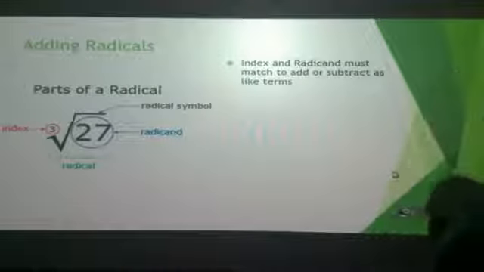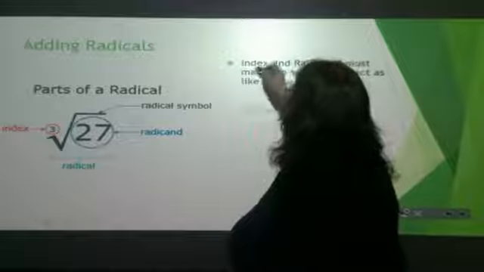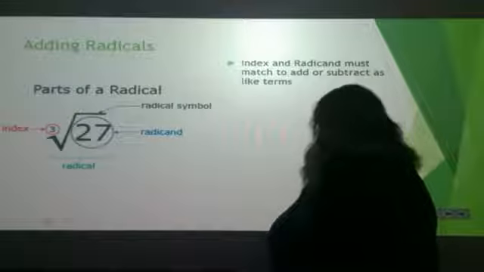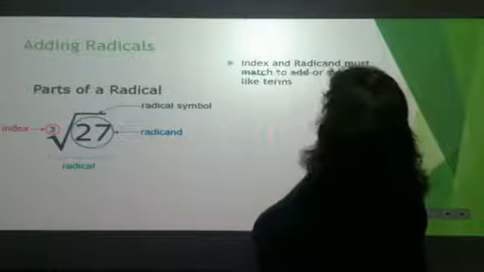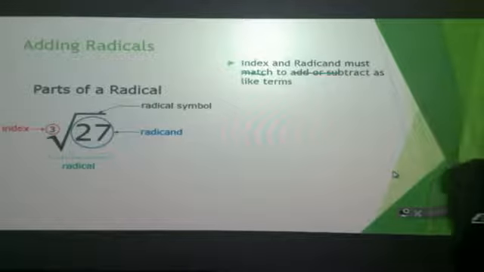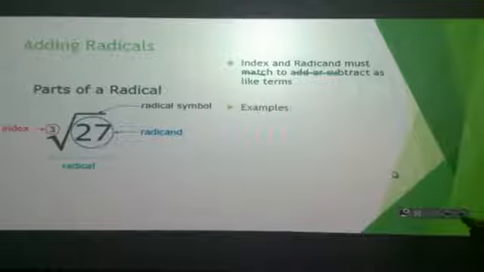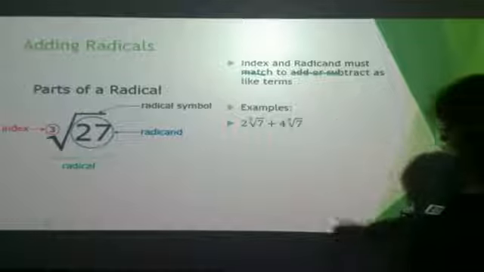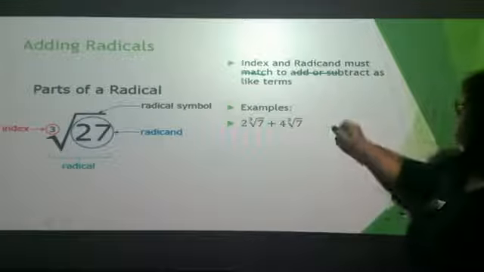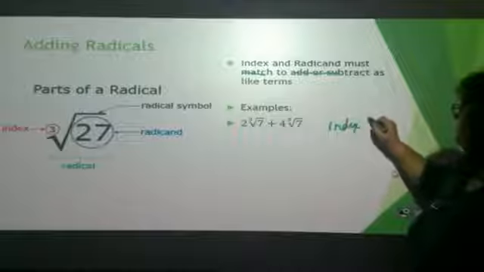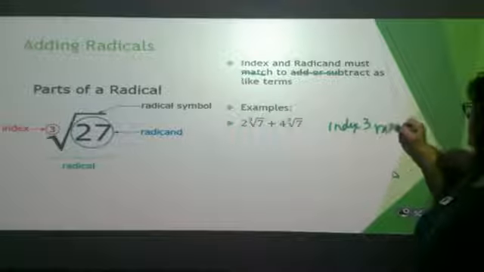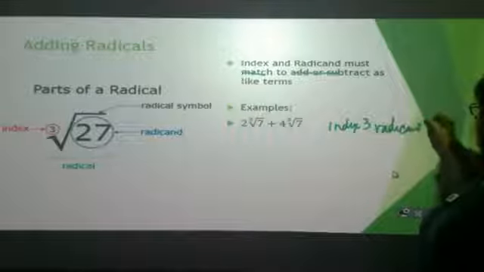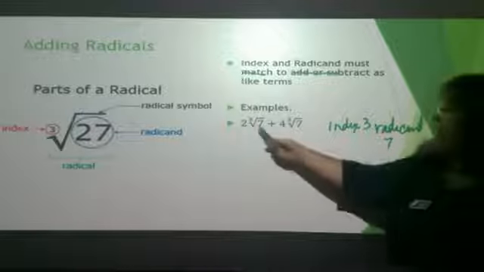So if we look at them, the index and the radicand has to match. So if you look at this example, the index is 3. And the radicand, the number inside the radical is 7 on both of them.